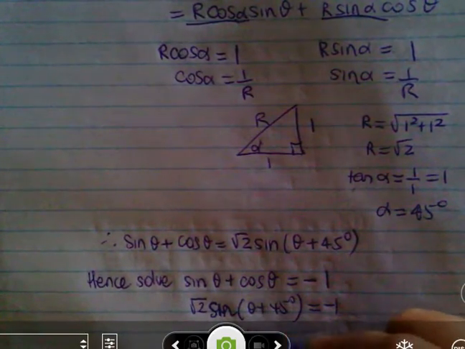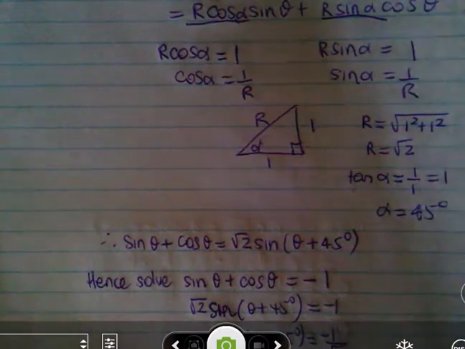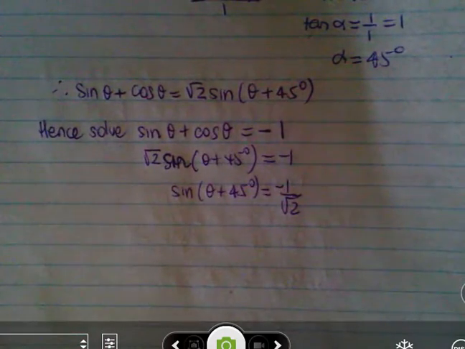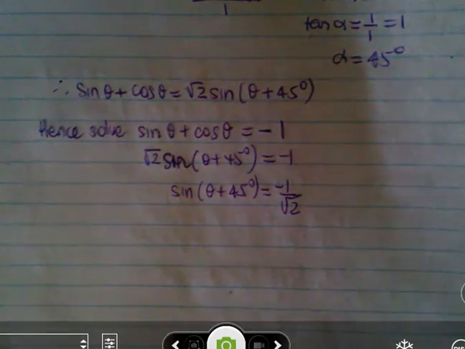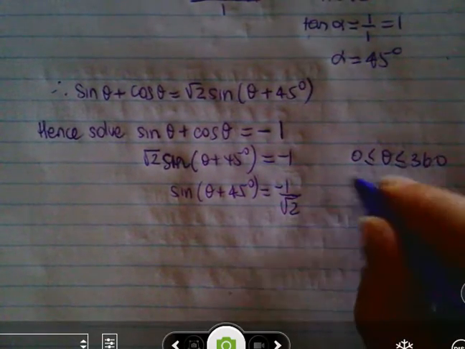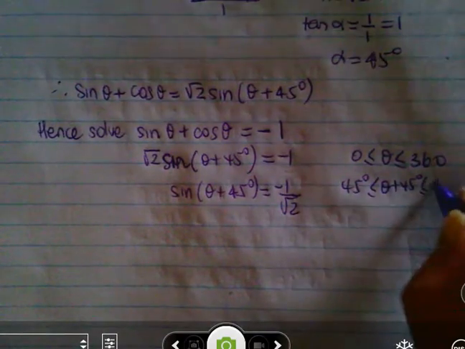So the sine of theta plus 45 degrees is -1 on root 2. Oh, this is a nice exact amount. Well, this one's going to be a bit funny. So, what's the new domain? We're adding 45. So we're up to 405.